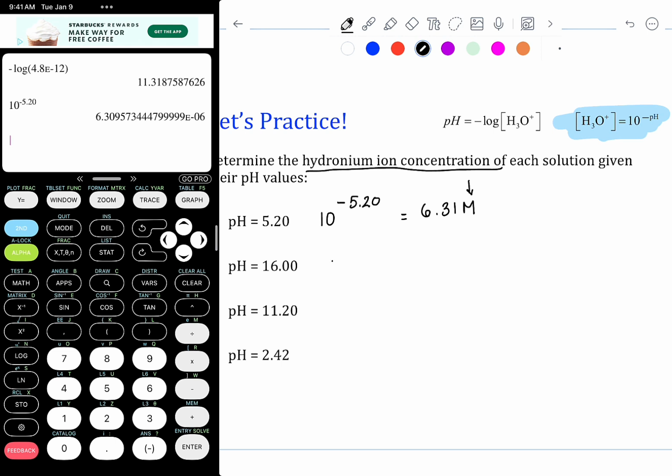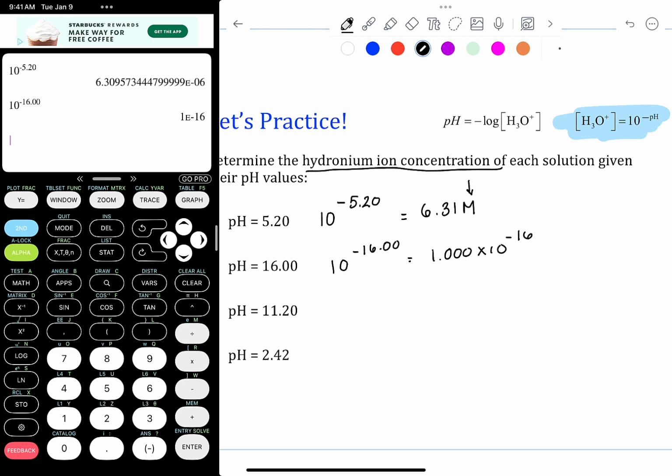We could do the same thing with the next one, 10 raised to the negative 16, and that is going to be 1.000 times 10 to the minus 16 molar. Now pause your video and try the last two on your own with your own calculator.